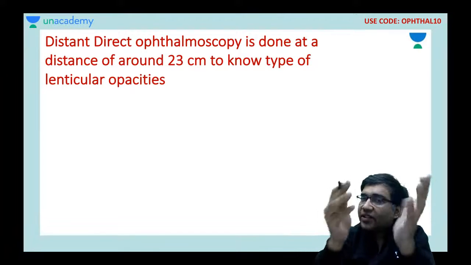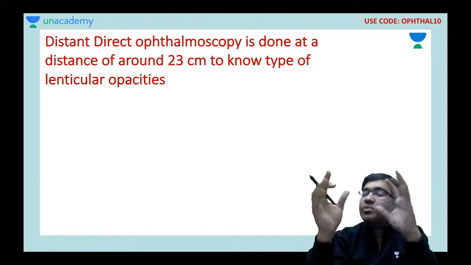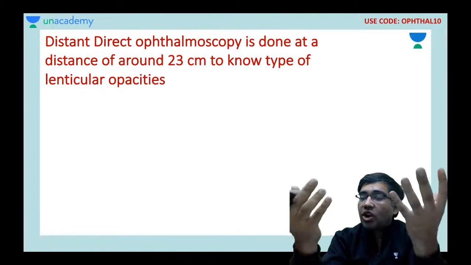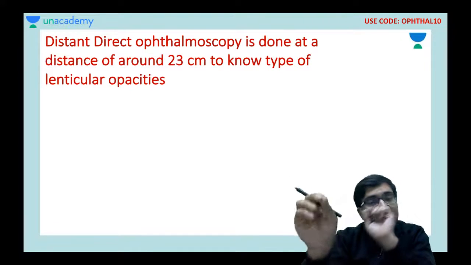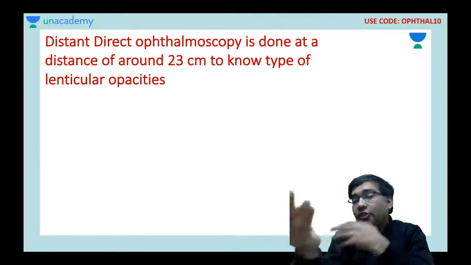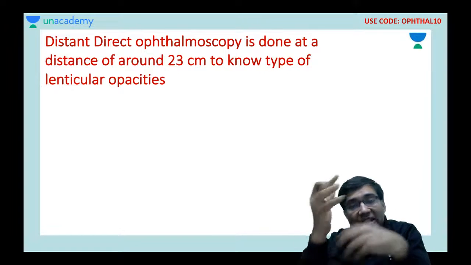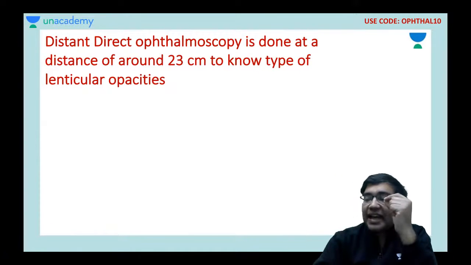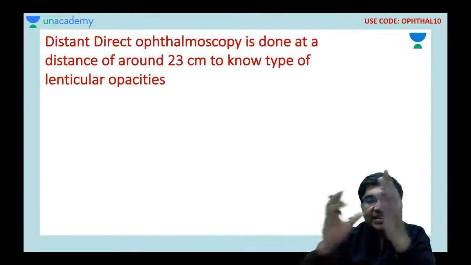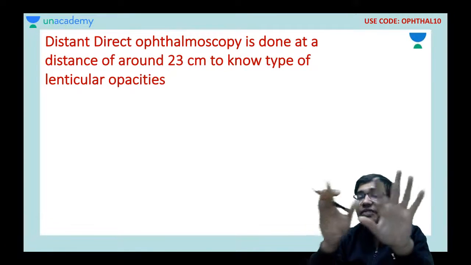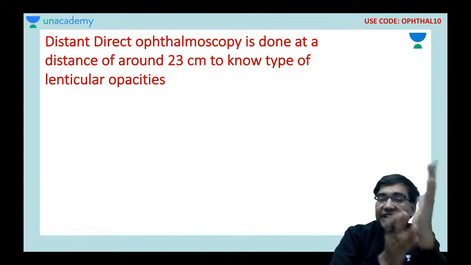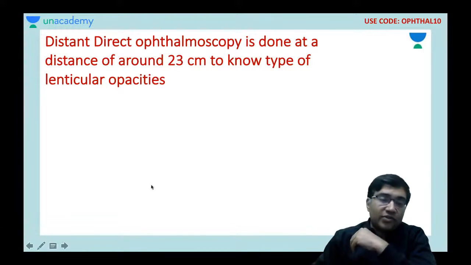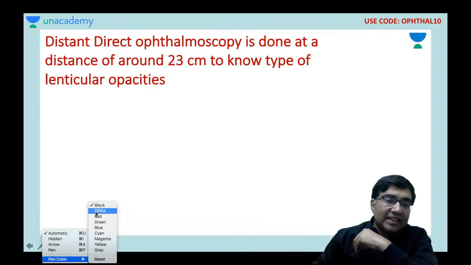The reflex that I see from the retina, or I would say from the choroid, is a red reflex. If we have any opacity in front of the lens or in the cornea, we would see it as a black shadow. So this distant direct ophthalmoscopy can help me in telling whether this opacity is anterior or posterior to the nodal point of the eye. Just understand it like this.